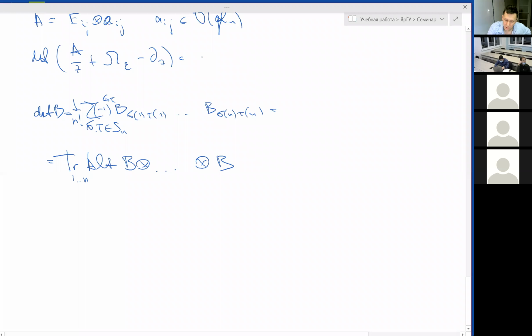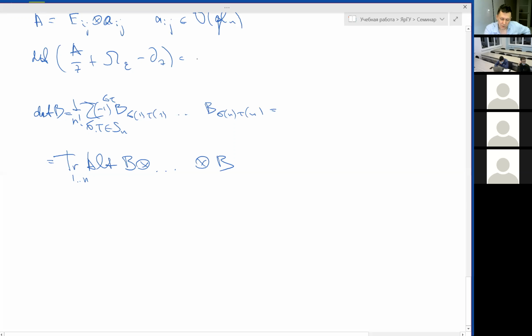Minus 1, it is the sign of the product of sigma and tau. It is another way to calculate the determinant, which is efficient in the non-commutative case, because we use all possible orders of multipliers in each term of the determinant. So isn't it just the full symmetrization of the usual determinant? Yes, absolutely.